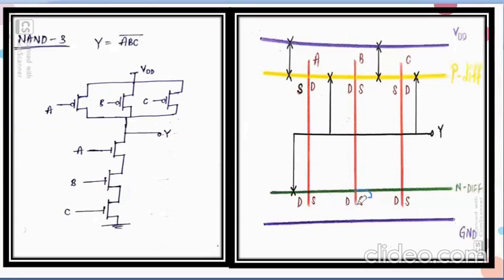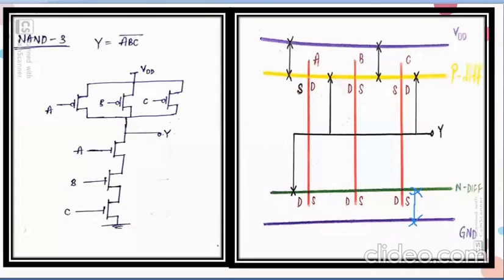So source of B and the drain of C are interconnected, and my source is grounded. Sorry, I forgot to draw here. So this is grounded. So my source is grounded.